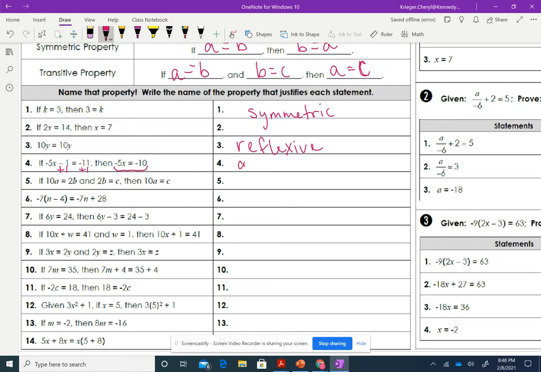So that's the addition property of equality. How about number 5? If 10a equals 2b and 2b equals c, then 10a equals c. That looks just like this, right? If this and this, then this. So that's the transitive property of equality.